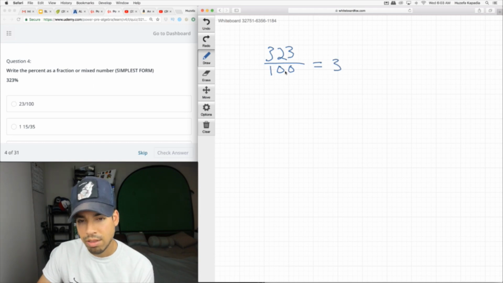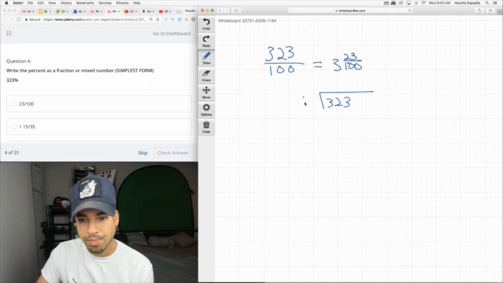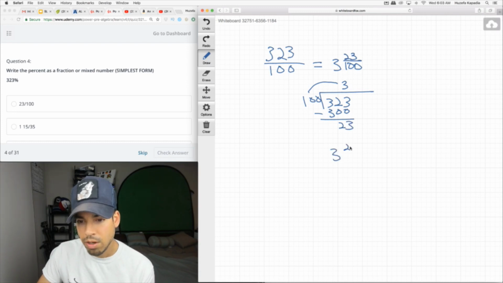So we pull a 3 out, and the remainder is 23. So 23 over 100, just like that. If you're not sure how to do that mentally, you can always set up the long division problem and do it like this. 100 goes in 3 times. And then we got a remainder of 23, and you just write it as 3 with the remainder over the divisor.